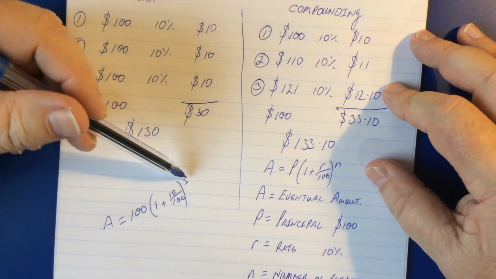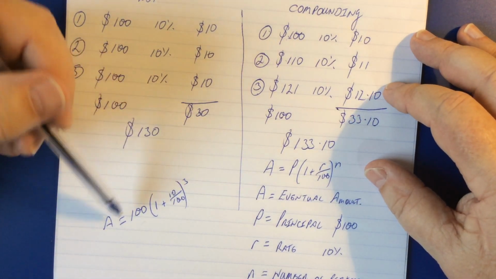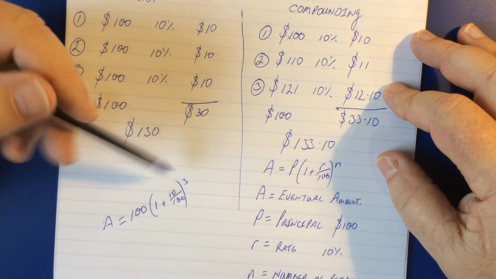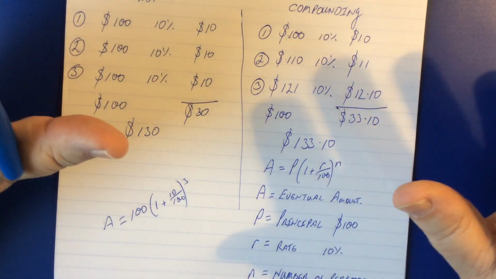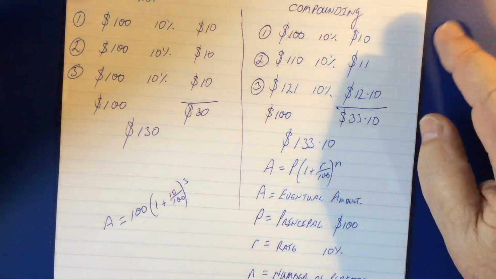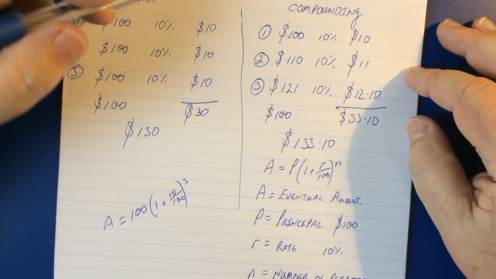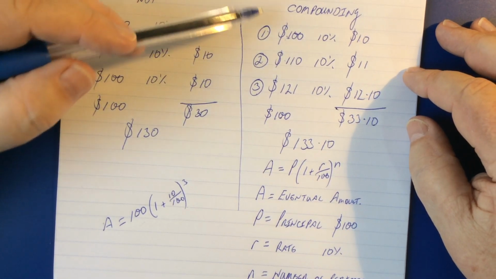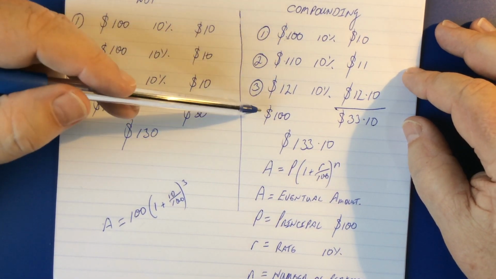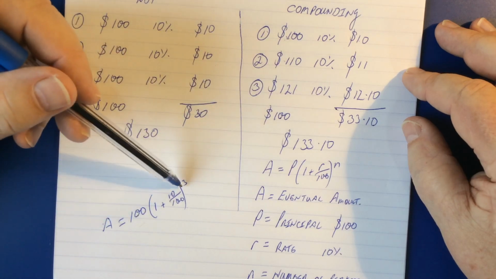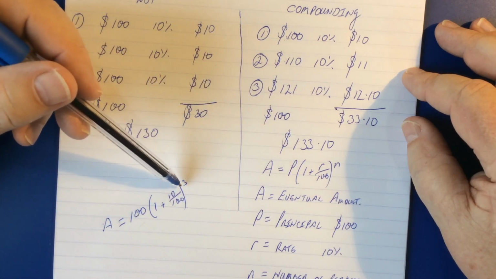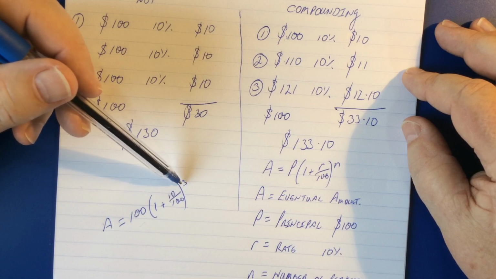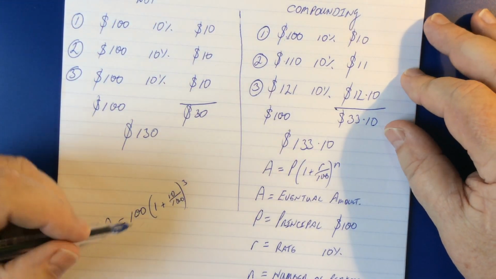Now, we already know the outcome, which is $133.10. The purpose of this video is to do two things. It's to acquaint you with the idea of compound interest and how it works, and to introduce you to this formula. There is a shortened version of this formula.